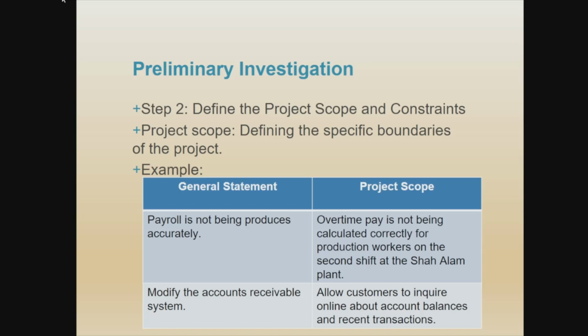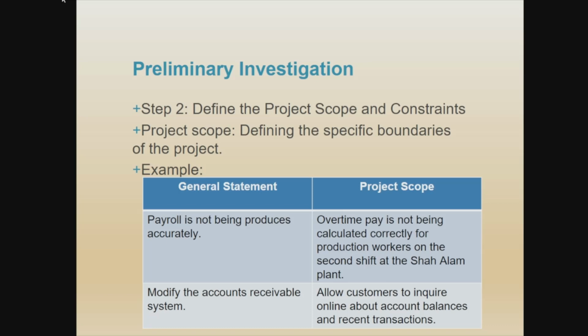Example here: as a general statement, payroll is not being produced accurately, meaning there is some effect on the amount of money. The project scope: overtime pay is not being calculated correctly for production workers on the second shift at the Shah Alam plant.